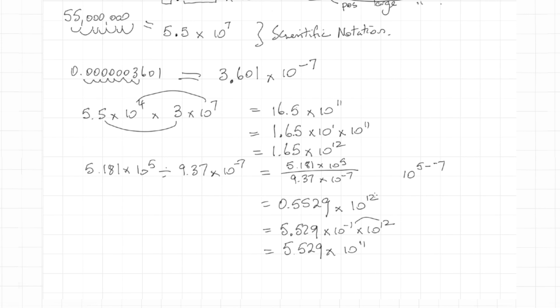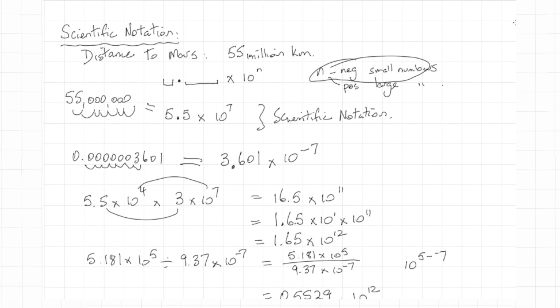So, multiplying and dividing scientific numbers, and we talked about the meaning of what scientific notation is all about. Always there is one digit before the decimal place, and then you can have any number of digits after the decimal place, like this one here.